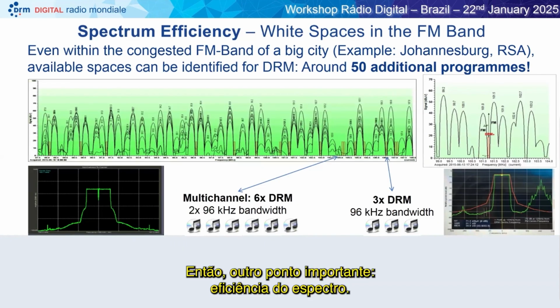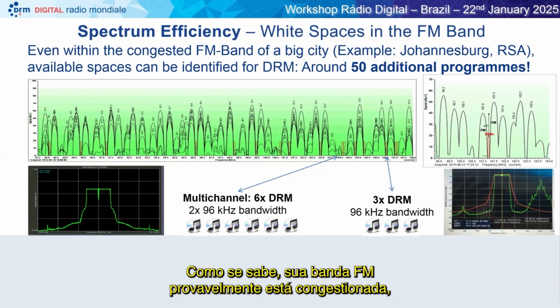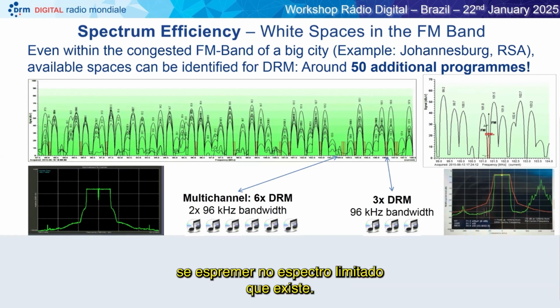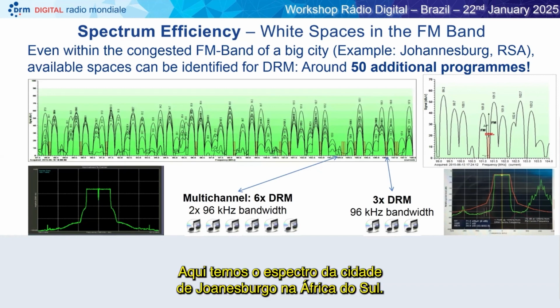So another important point is spectrum efficiency. As you know, your FM band is probably congested, like everywhere in the world. A lot of analog stations are trying to squeeze into the limited spectrum that you have. Here we have the spectrum of the city of Johannesburg in South Africa.